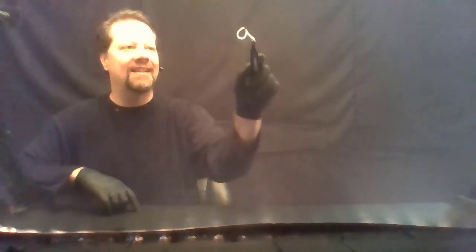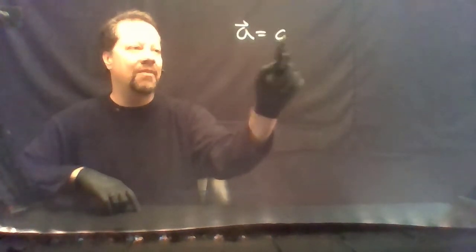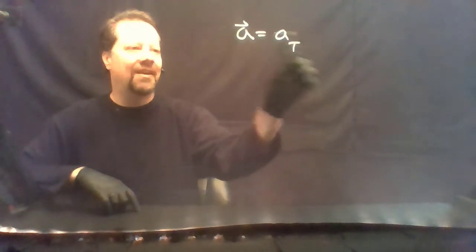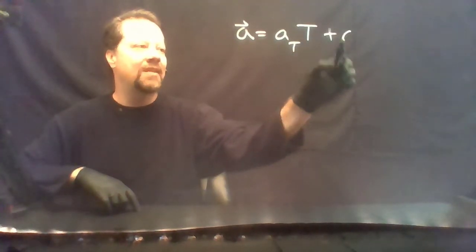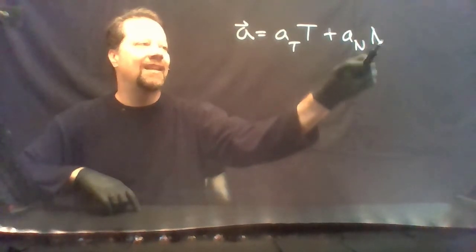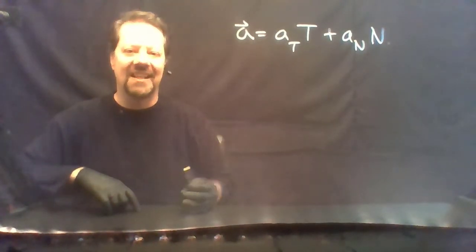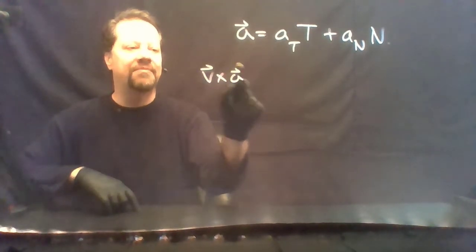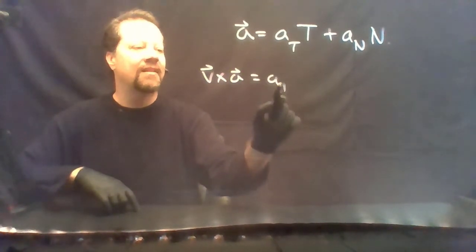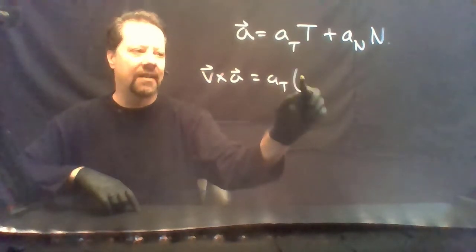Now, how do you find the normal component of acceleration? Once again, we'll start with the representation of the acceleration vector as the tangential component times T plus the normal component times N. This time, we're going to calculate V cross A. Scalars pull out of this cross product.